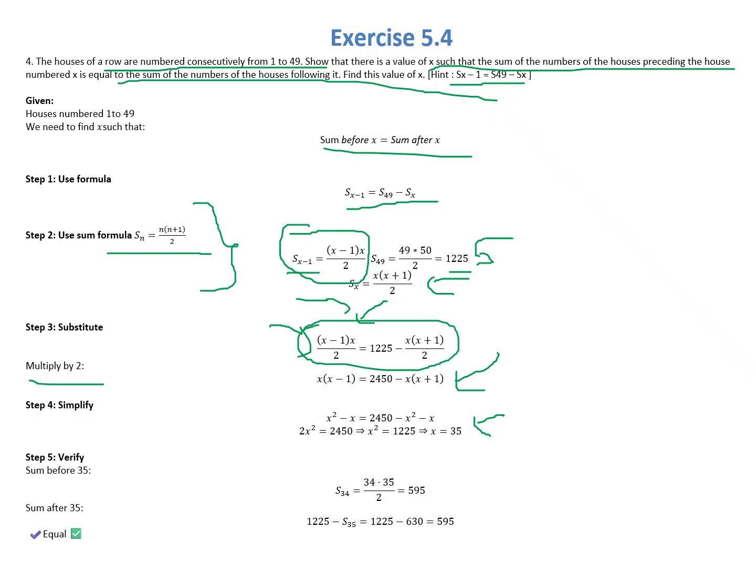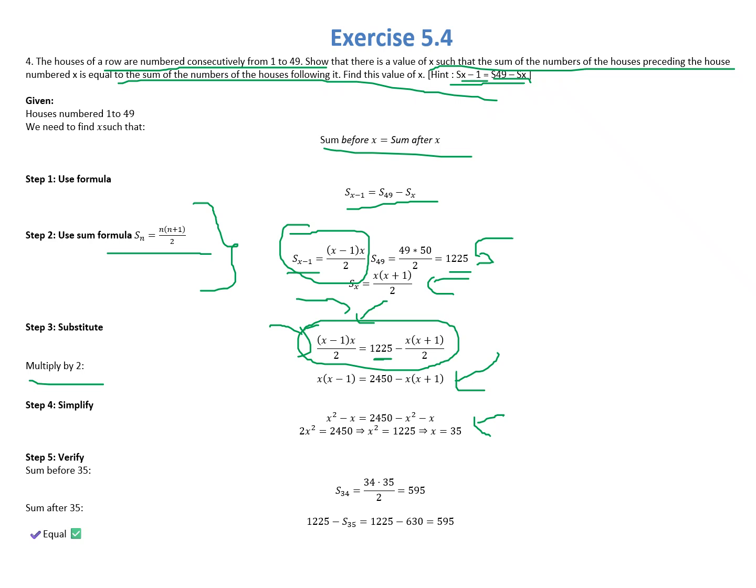What we are saying is that the sum of the x terms is equal to 1225 minus what? This is the 49 term sum. We are given that S(x minus 1) is equal to S49 minus S(x).